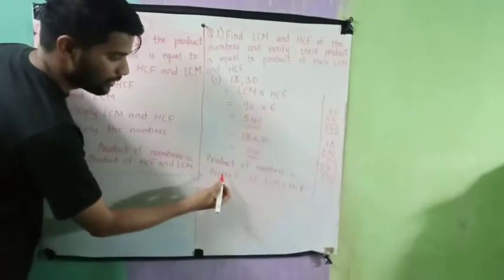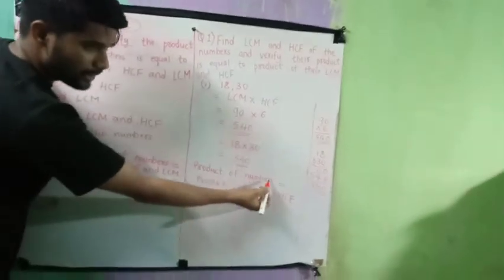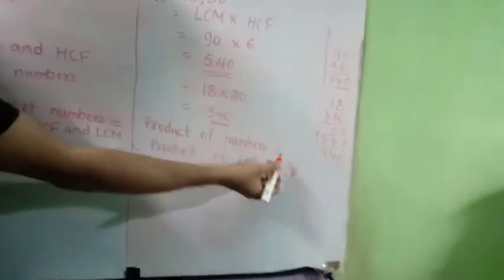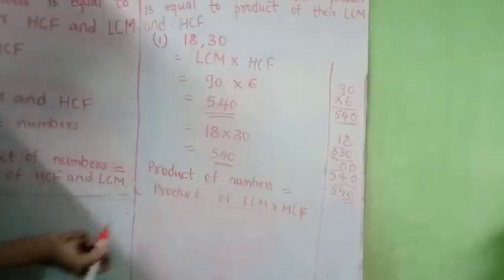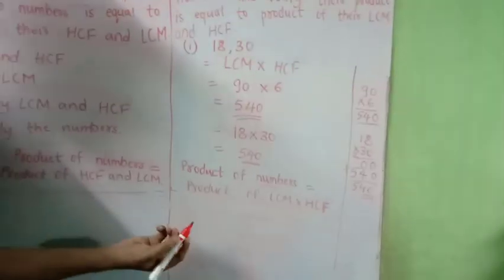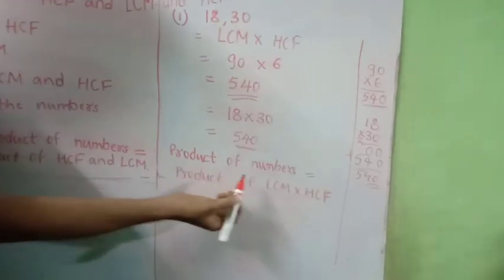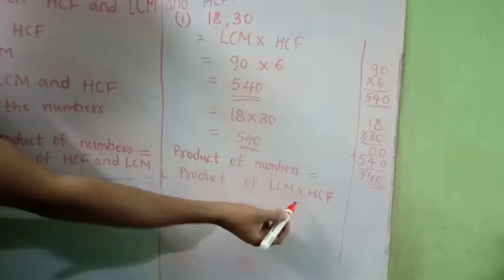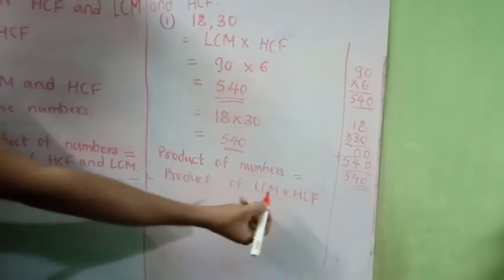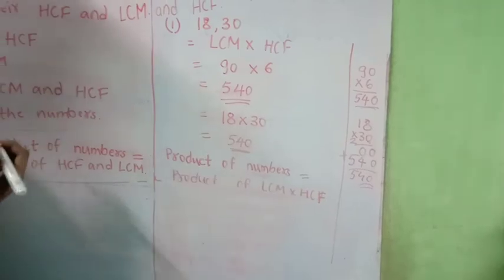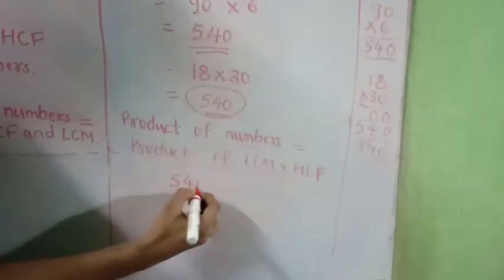Alright. Now, product of numbers means the given numbers, which it has to be equal to product of LCM and HCF. So now what we have to do? We have to find out product of the numbers. It has to be equal to product of LCM and HCF. Product of the number was 540. We will write 540.